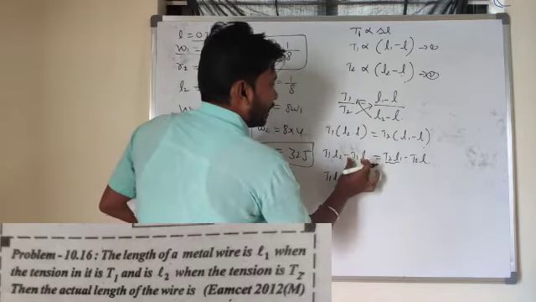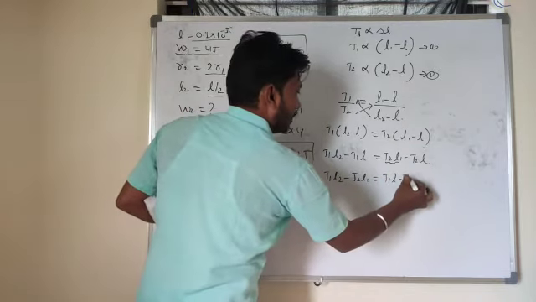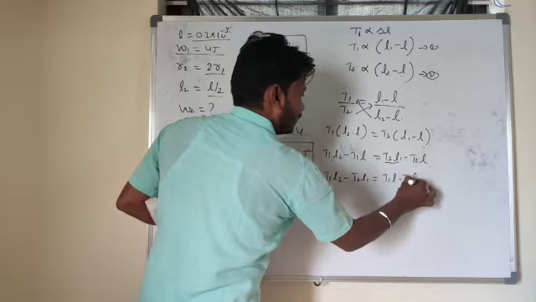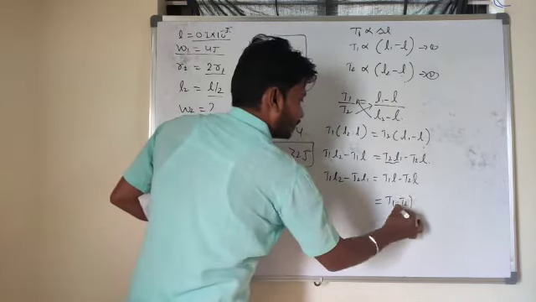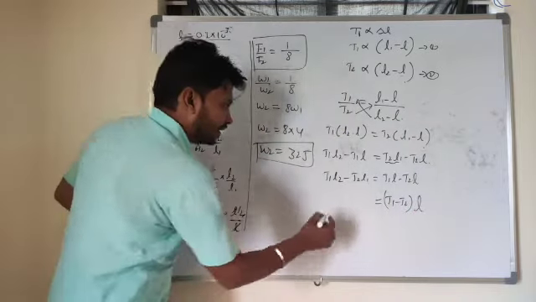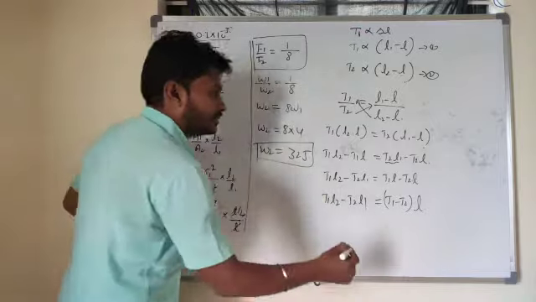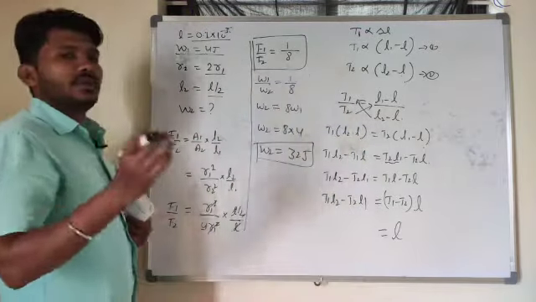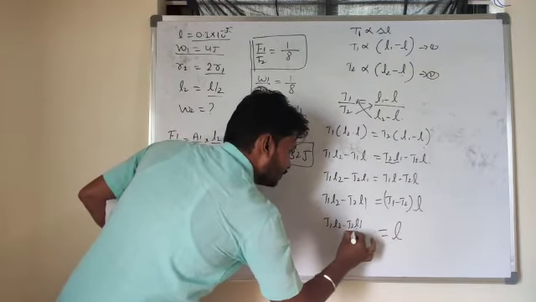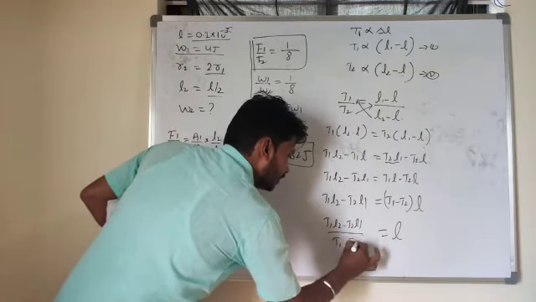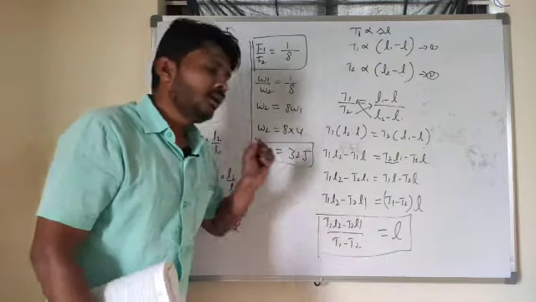Minus T1 into L, if it goes to the right side, becomes plus T1 into L, minus T2 into L. So in this equation, T1 minus T2, L I will take outside: T1 into L2 minus T2 into L1. L means original length, so L is T1 into L2 minus T2 into L1 divided by T1 minus T2. So this is the equation to determine the original length.